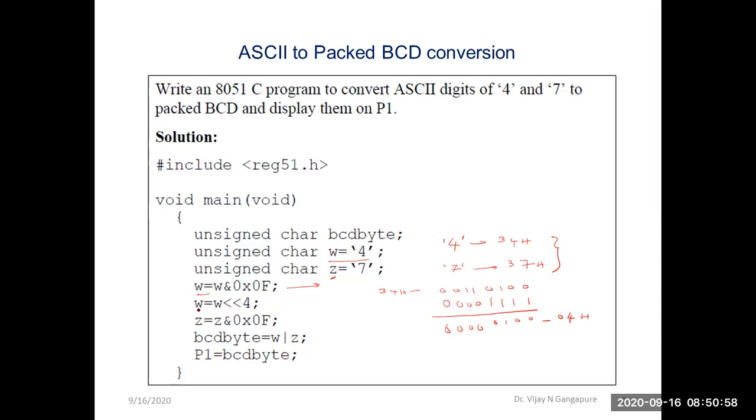Then what we are doing: W is equal to W left shift by 4 positions. The data available in W is 00000100. If we shift this data towards the left by 4 positions, the lower nibble will get shifted to the upper nibble position, so here I will get 0100 and 0000, that is 40H.